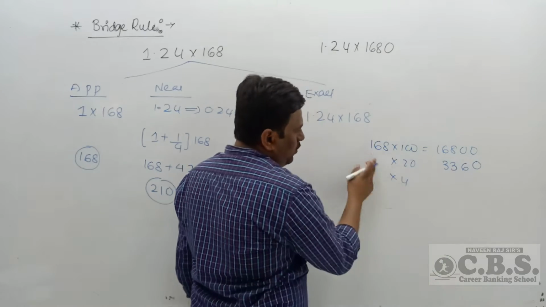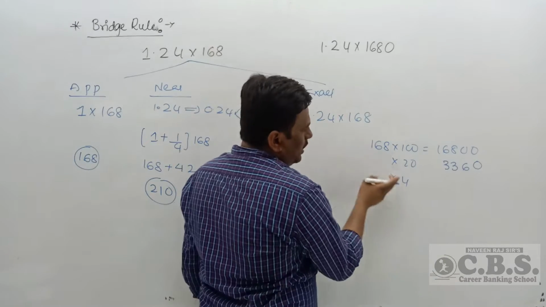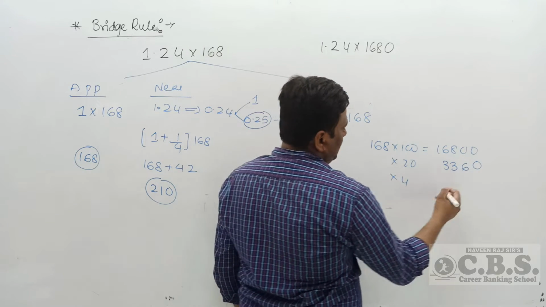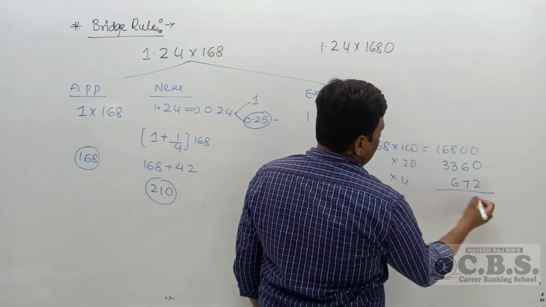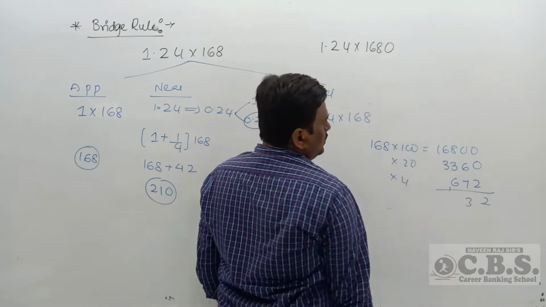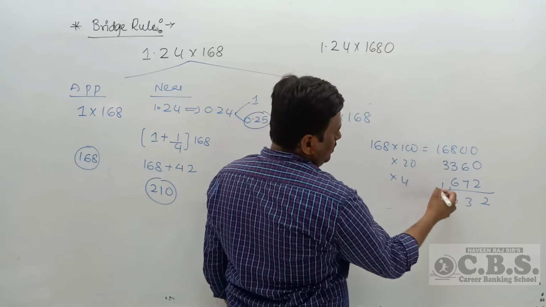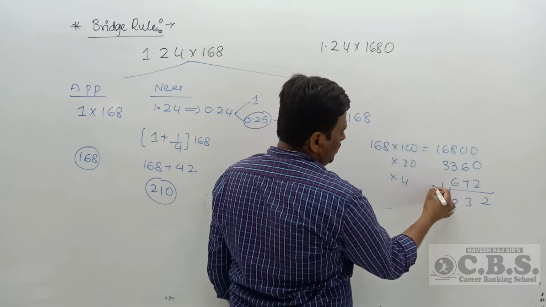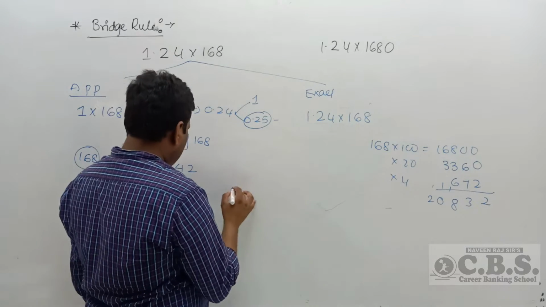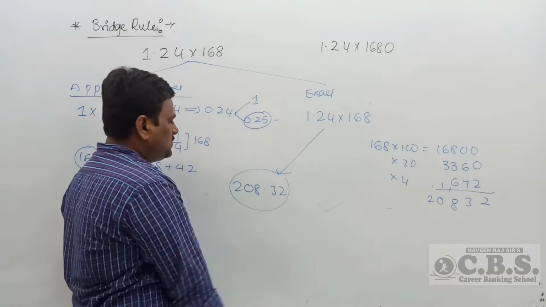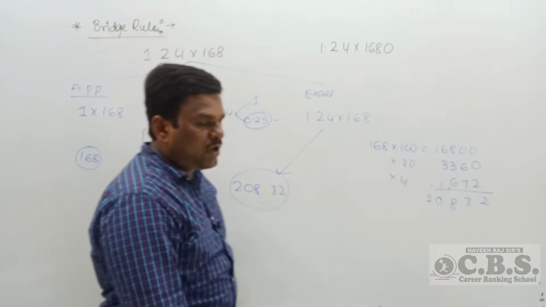Okay, and 4 into 100, 400, and so 240, 640, 672. So you get 208.32. This is the exact value. Whatever the answer, the very near value is 210.